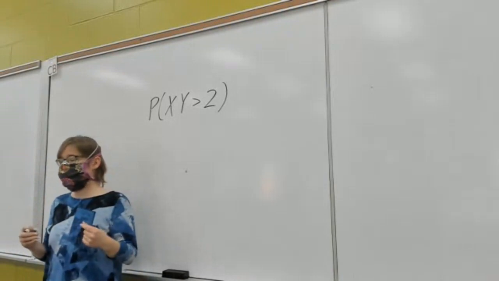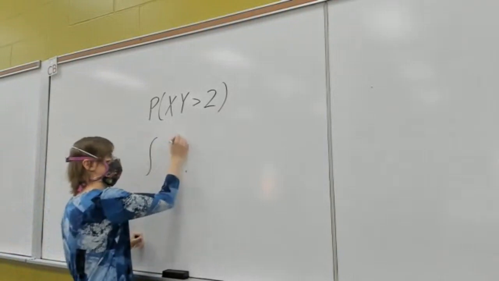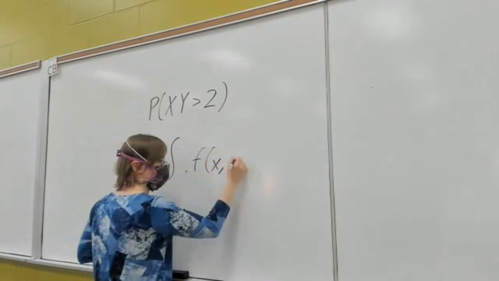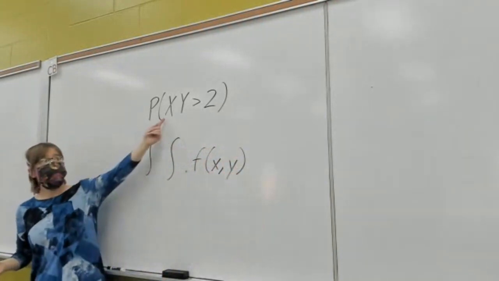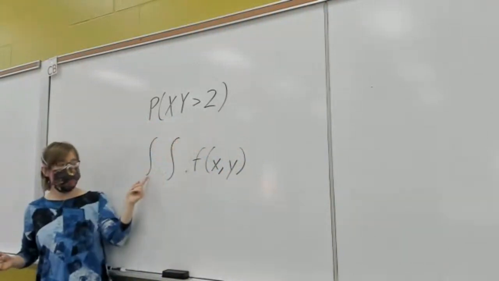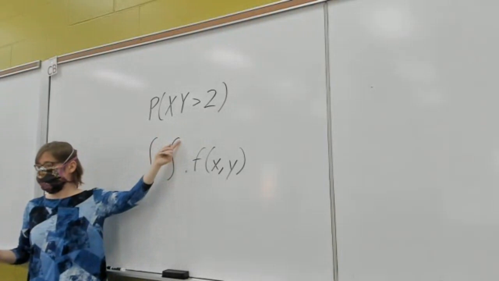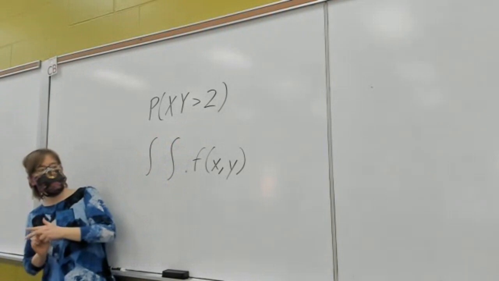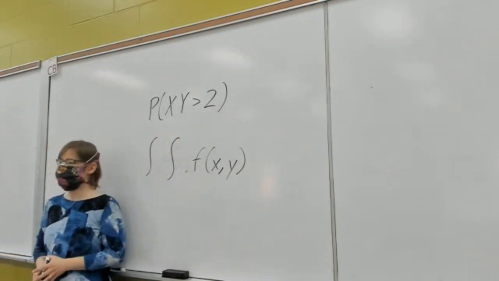It's not going to be the integrand. The integrand is going to be our joint density function, f of x comma y. So then we'll use this x times y being greater than 2 to help us choose our bounds of integration. Go ahead and start by figuring out what the integrand should be, the joint density function.